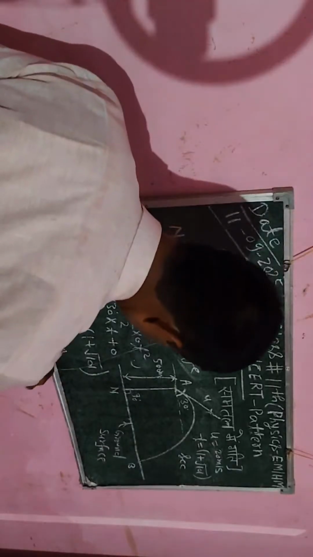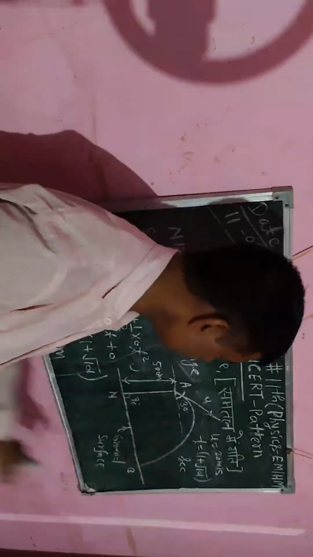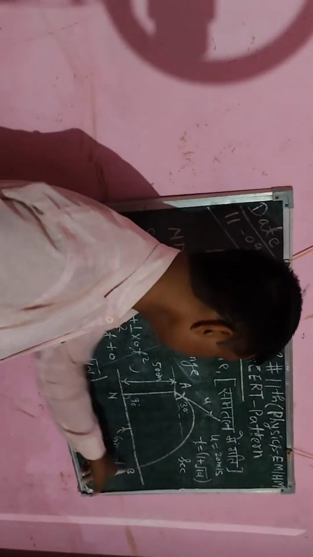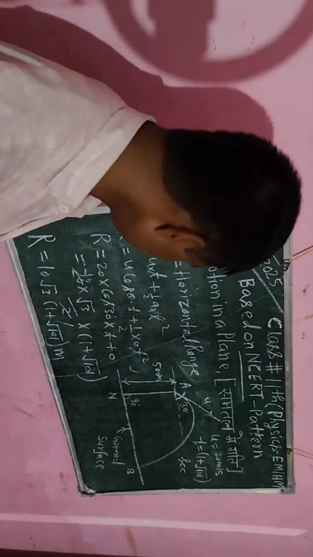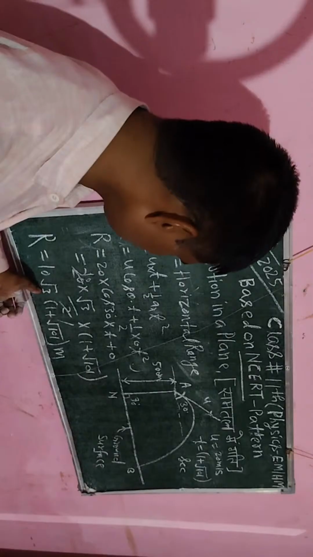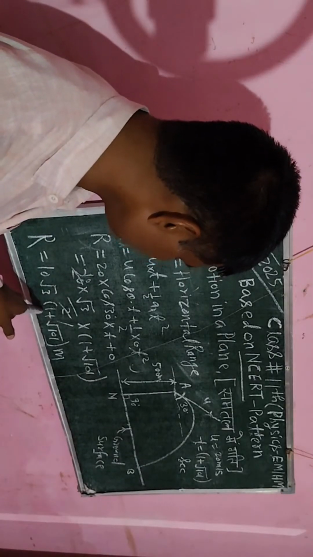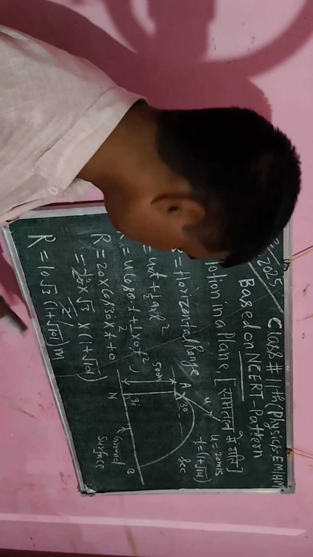This is the answer of the range, and this is the answer of the time from point A to B. MB is the horizontal range, and that range I have calculated here: 10 root 3 into the bracket 1 plus root 101, in meters.